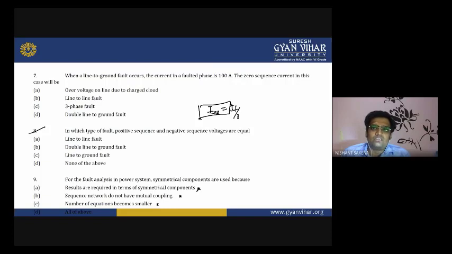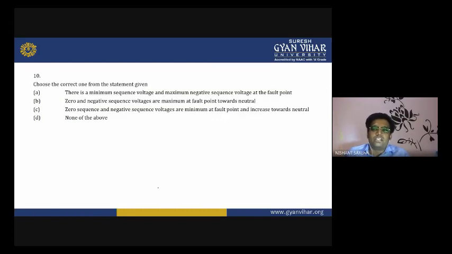We do not require the results to be in symmetrical components. So yes, but it makes calculations easy to get the results in symmetrical components. We will discuss it. I'm leaving it up to you. Choose the correct one from the given statements.